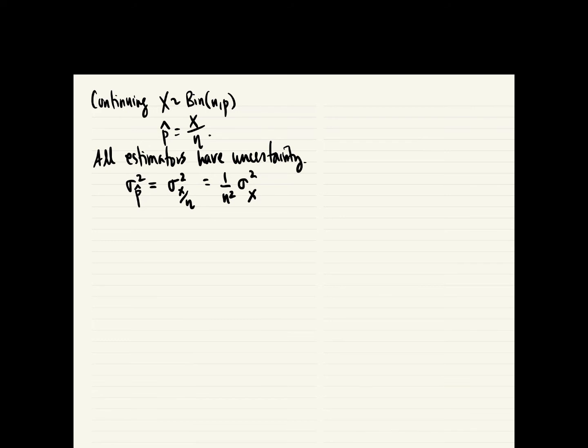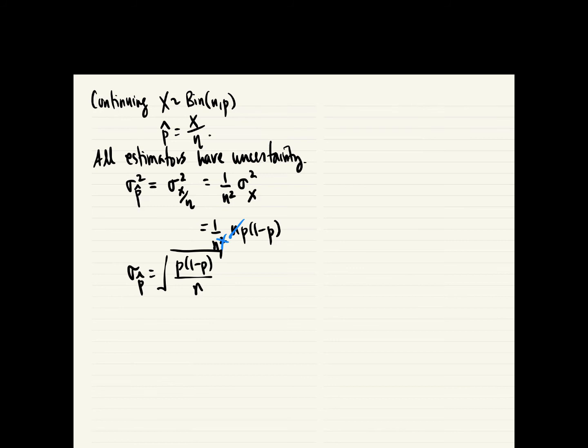Since x is a binomial n, p random variable, we know its variance is n times p times 1 minus p. Doing a little algebra, the n cancels with the n there, and we're left with p times 1 minus p over n. So the standard deviation of this point estimator, which is the square root of the variance, is the square root of p times 1 minus p over n.